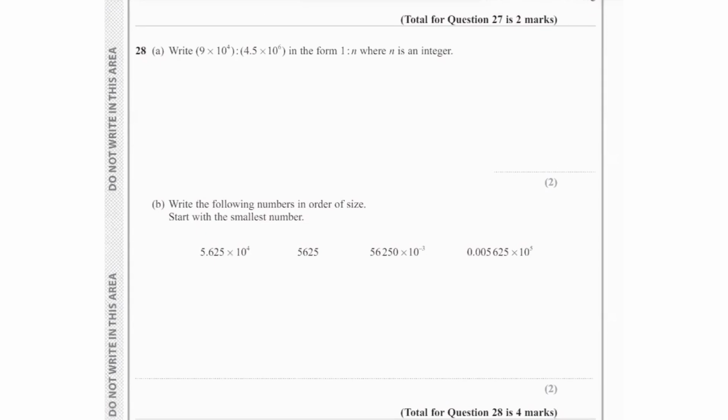Question 28 says write 9 times 10 to the power of 4 is to 4.5 times 10 to the power of 6 in the form 1 is to n, where n is an integer. Let's rewrite this as a fraction. 9 divided by 4.5 is 2. Whenever we divide similar bases, we subtract the powers.